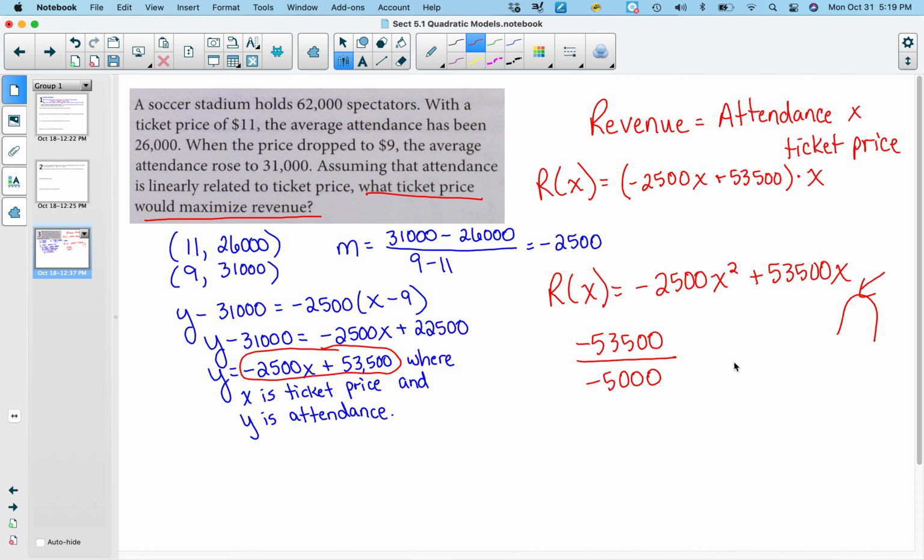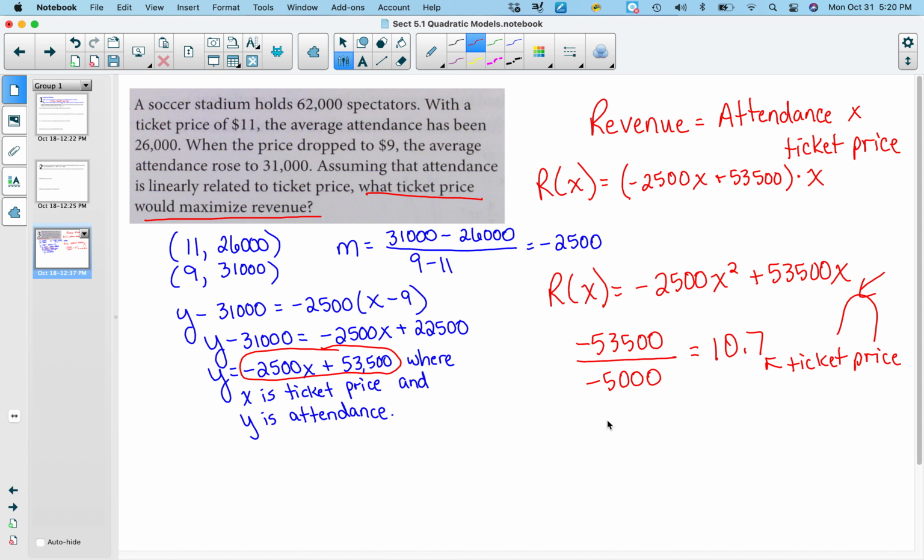If you simplify this, I already did it, we get 10.7. But you have to think about what this represents. This isn't the revenue, this is the X value, so this is the ticket price, which is actually what we want to know.